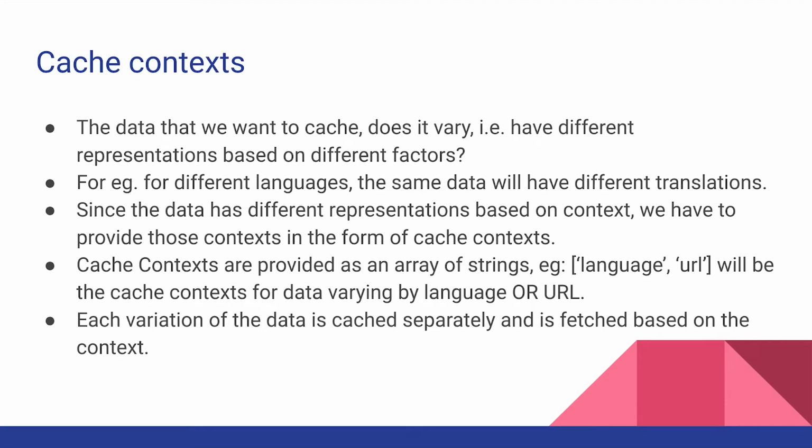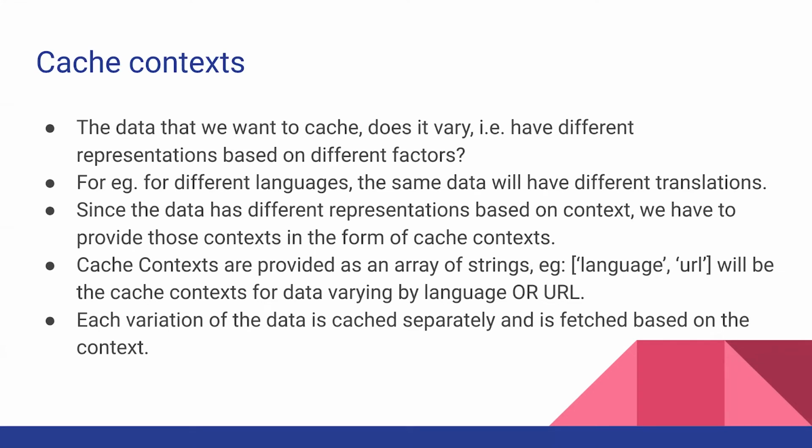Or for example, consider a node page. If you have a multilingual site, your node page should be available in different languages. There we can provide the cache context of language, so that on the basis of language our cached entity can vary. How can we provide the cache context?